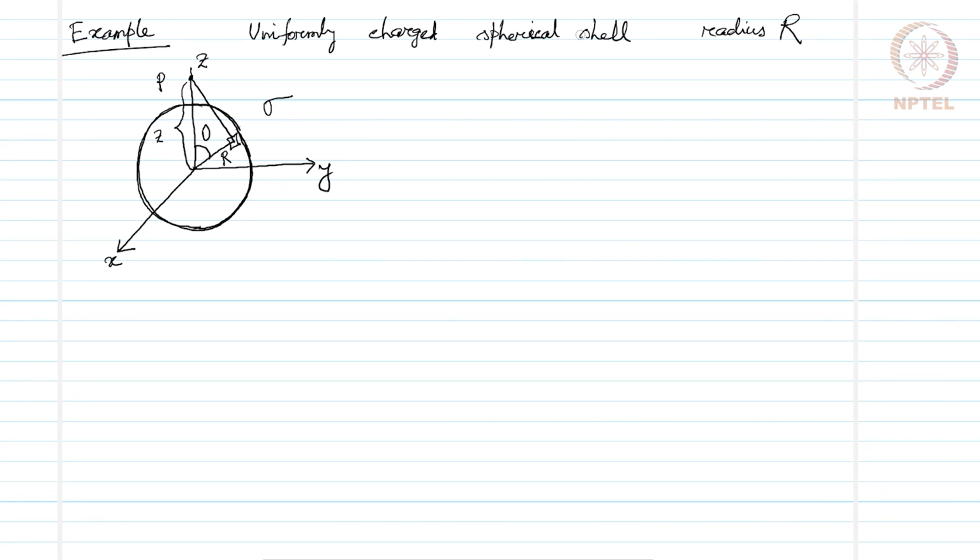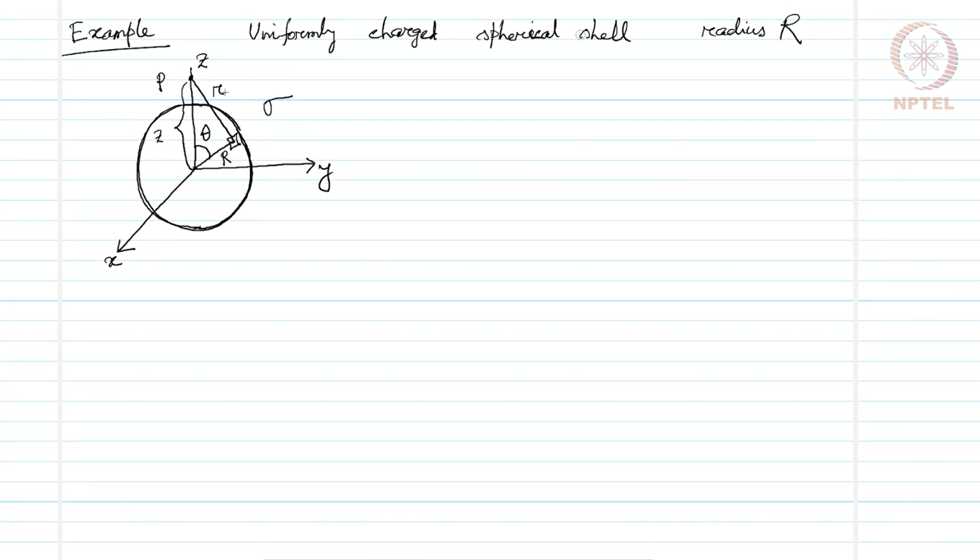This angle is theta, and from the point where we have the charge distribution to the point of observation, this distance is curly r.